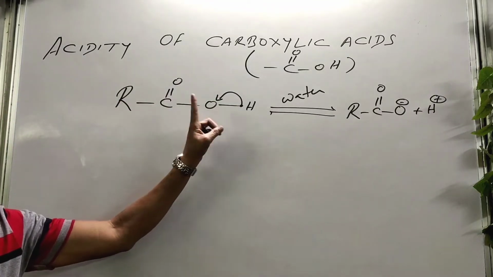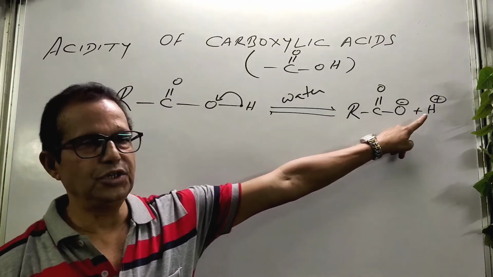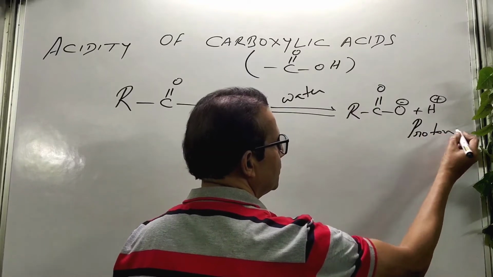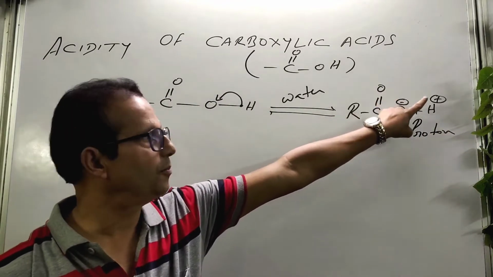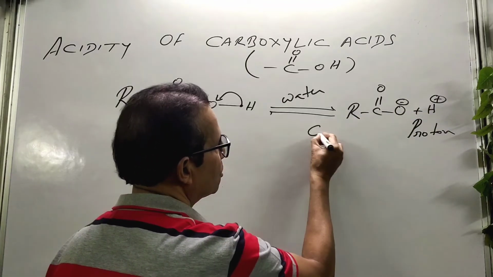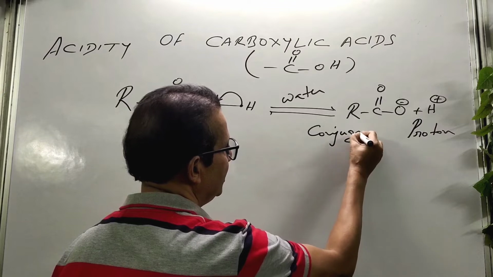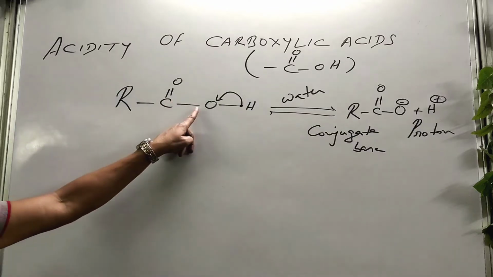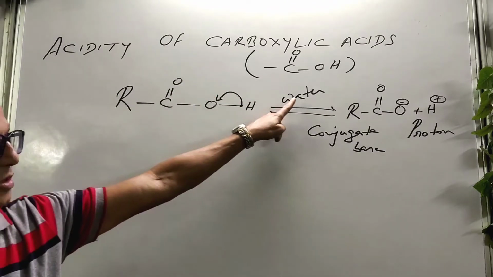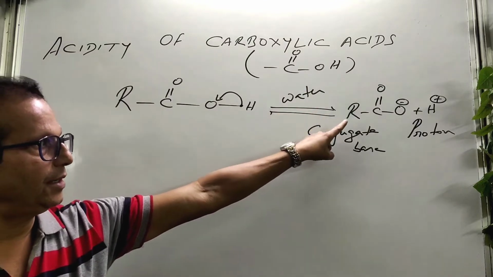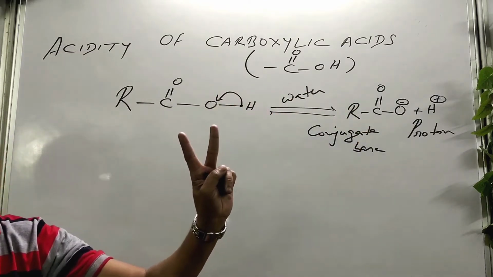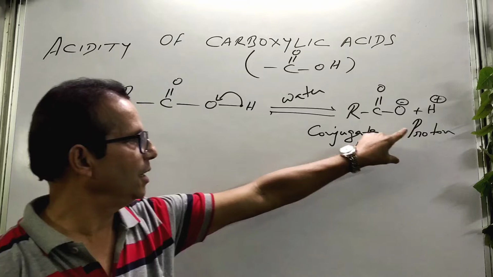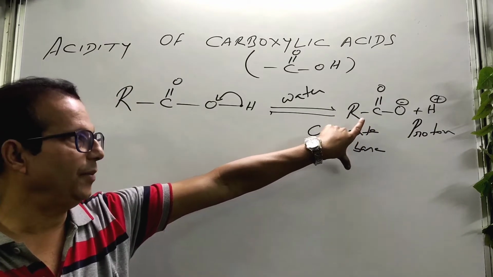When an acid releases hydrogen positive ion, it is called proton, and the negative part after releasing a proton is called conjugate base. So remember it, when a carboxylic acid is dissolved in water, it gives two ions, one positive and one negative. The positive hydrogen ion is called proton and the negative ion is called conjugate base.